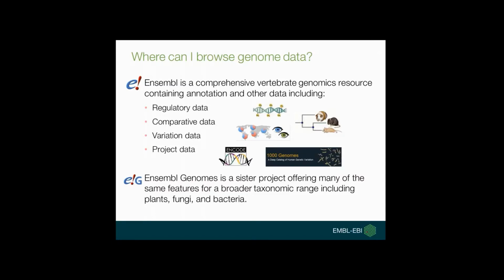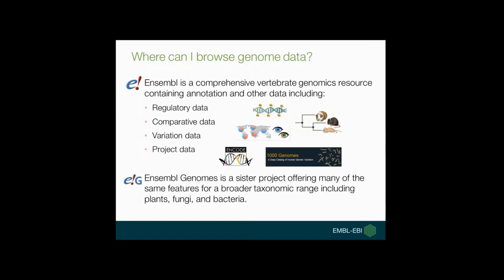We're now moving on to the next section, which is to think about browsing genomes. So where can we go to browse genome data? Ensembl is one of our resources and a comprehensive vertebrate genomics resource. It contains genomes from many, many different vertebrates, which have been annotated in detail.